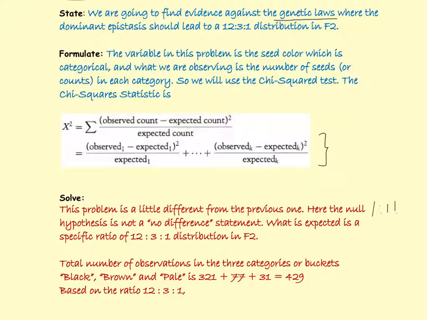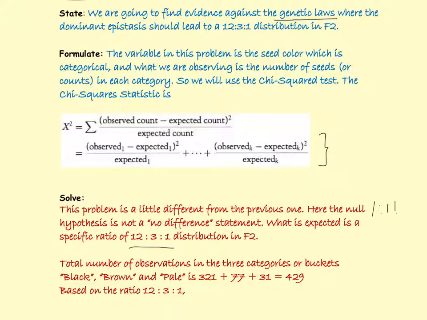But in this case, we have a specific proportion given here. So we expect the counts to be in the 12:3:1 ratio. So let's try to see how we calculate the expected counts. What are we expecting the counts to be versus what we actually got, which is given in the table.